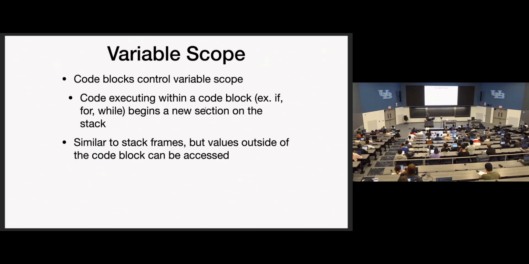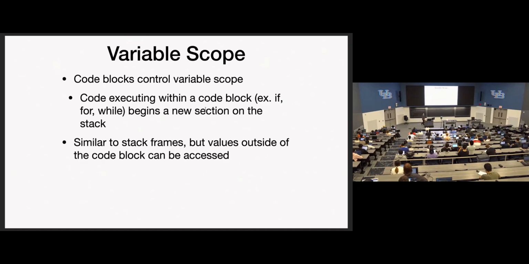So every time we hit a code block, it's going to be treated differently. The variables that are declared inside that code block are going to be treated differently on the stack. They're going to get their own portion of the stack, which is not quite as isolated as a stack frame, but it will be a little bit isolated.